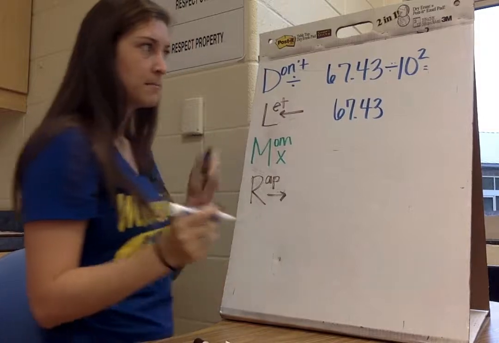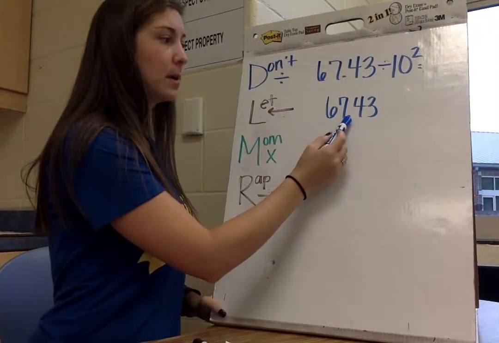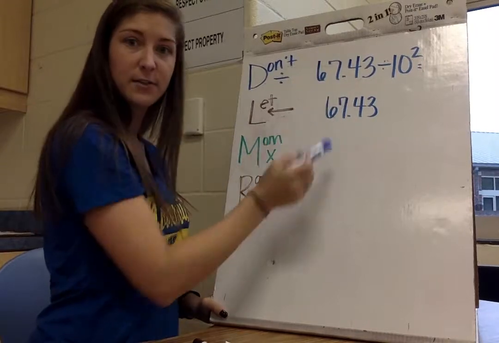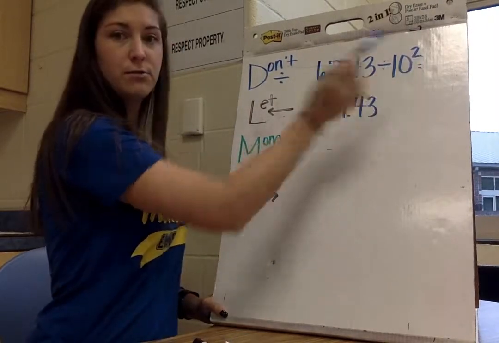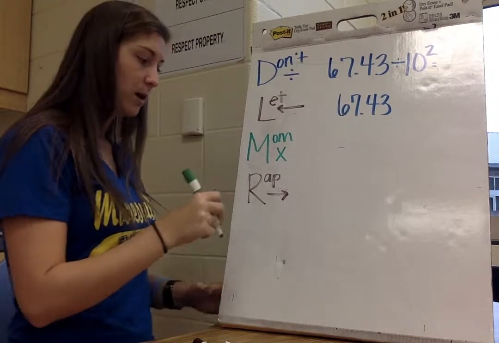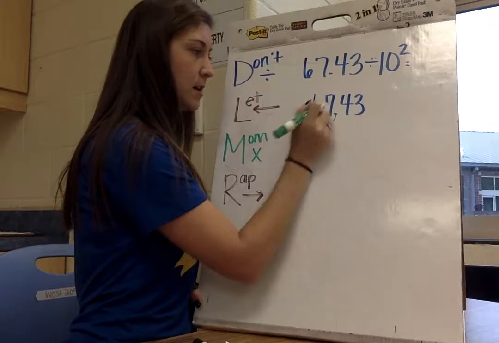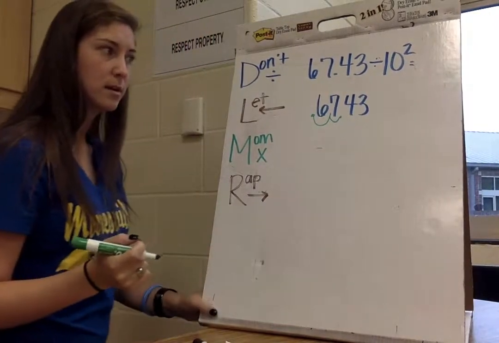Sorry, guys. Since we are dividing by powers of 10 now, I'm going to move this to the left, and I've got to move it 2 times because that's what my exponent tells me to do. So when I move it 2 times to the left, once, twice, here's my new decimal point.